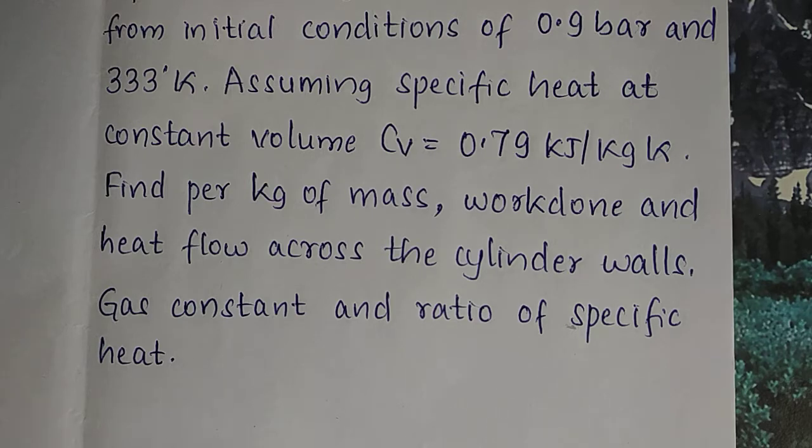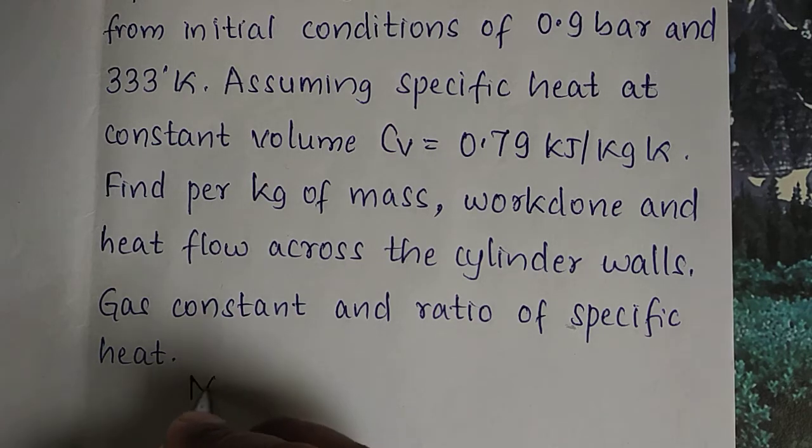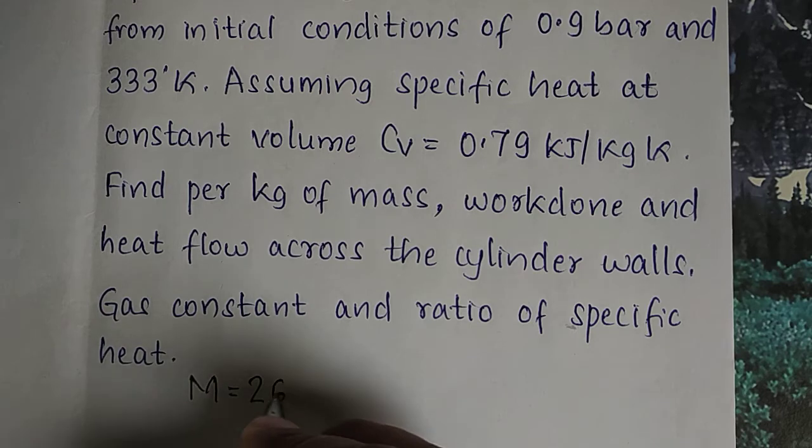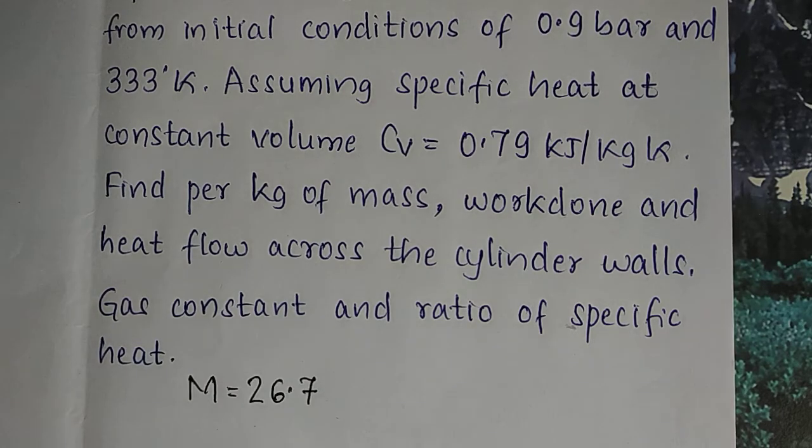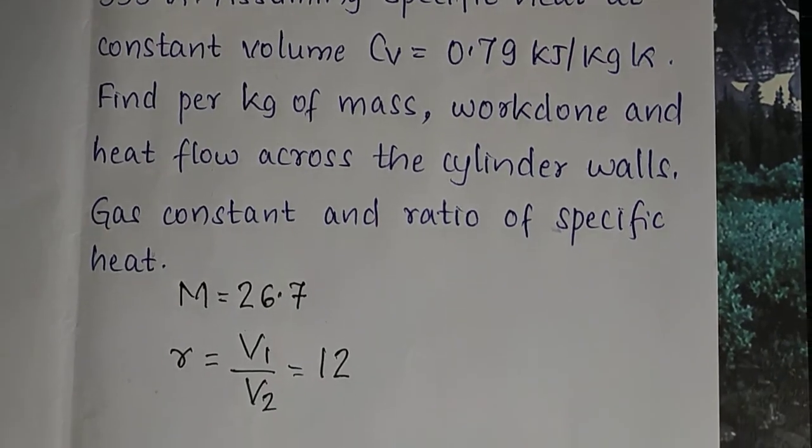A gas has a molecular mass of 26.7, so M equal to 26.7. The gas is compressed through a ratio of 12, so he has given us r, that is compression ratio. r equal to V1 by V2, which is 12.